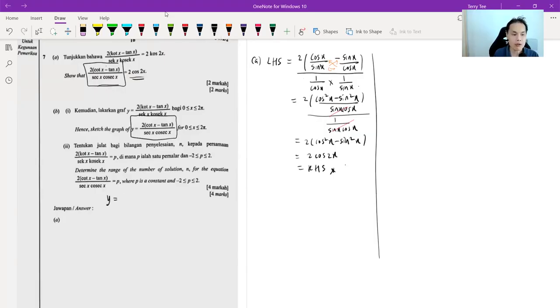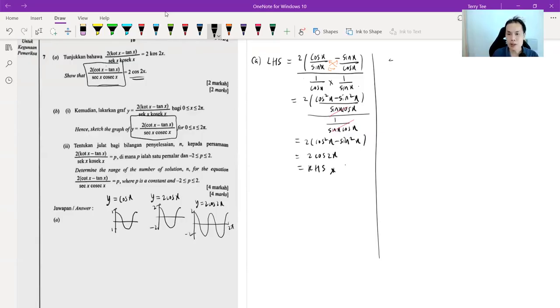The basic cos graph, if you still remember, looks like this. Amplitude is 1, meaning maximum 1, minimum -1. When you have a 2 in front, it simply means we stretch up by 2, maximum 2, minimum -2. And 2 cos 2x simply means we draw 2 complete cycles, 1 cycle, 2 cycles from 0 to 2 pi.